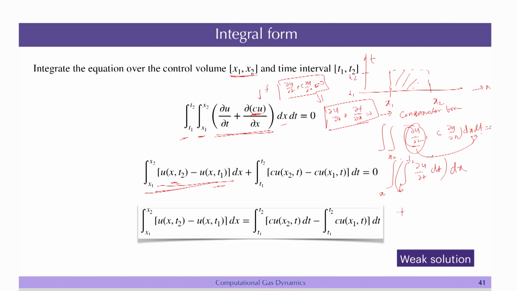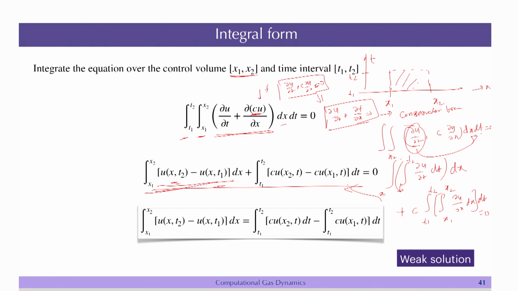For the second part, we take c outside, t1 to t2, and x1 to x2 of du by dx dx, and then finally dt equals 0. Once you work that out, you will get this expression.